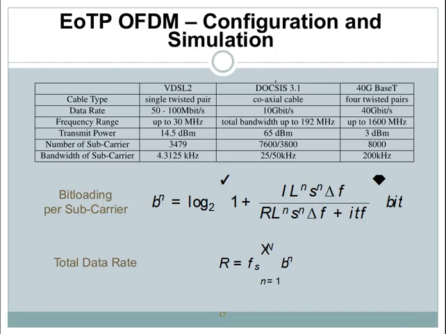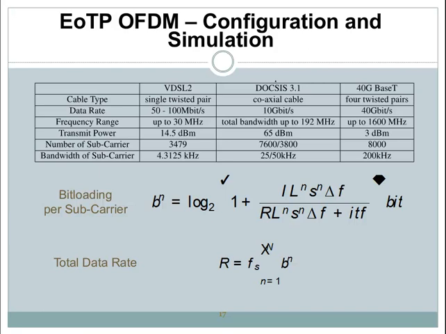Now we come to the simulation part. Here we propose our set of experiment parameters to configure our OFDM transmission over the Ethernet twisted pair cable, with the VDSL2 and DOCSIS systems as a reference.